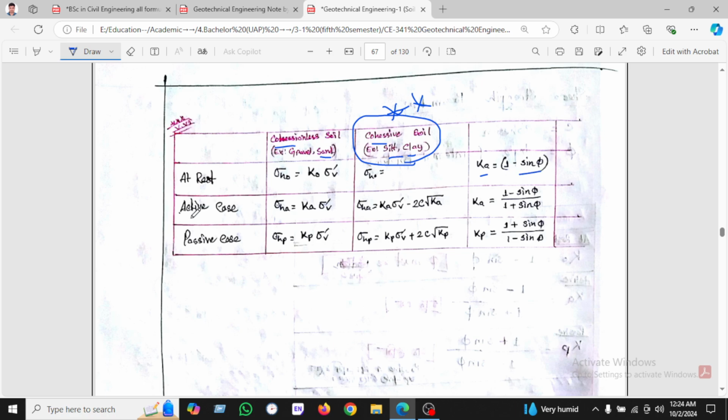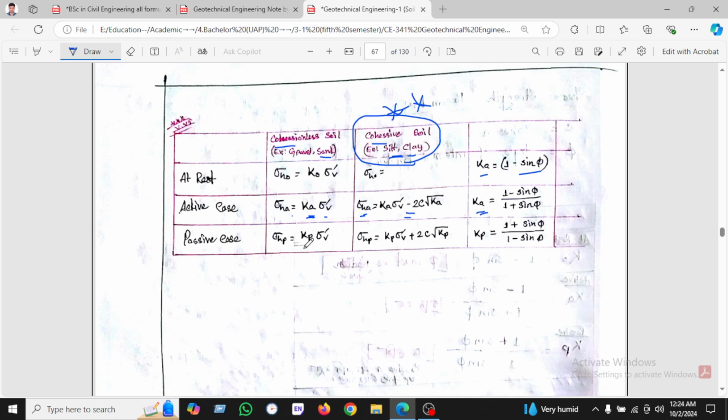On the other hand, for the active case, sigma_h active is K active, the coefficient of active, into gamma prime b vertical, and for silt and clay it will be minus 2c root over Ka, and Ka is nothing but the coefficient 1 minus sin phi divided by 1 plus sin phi.